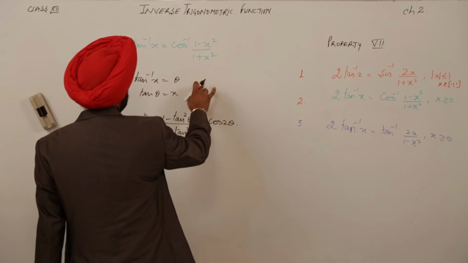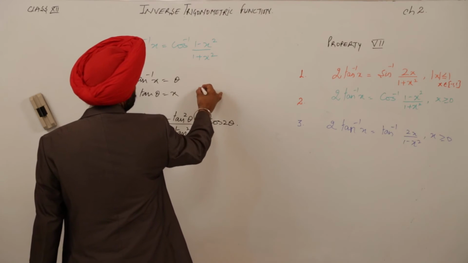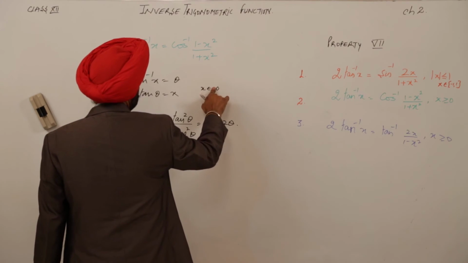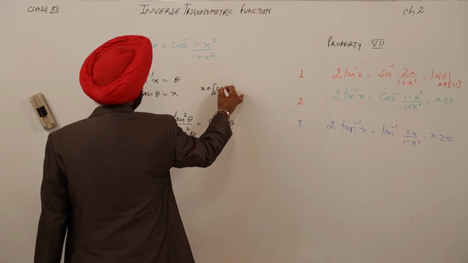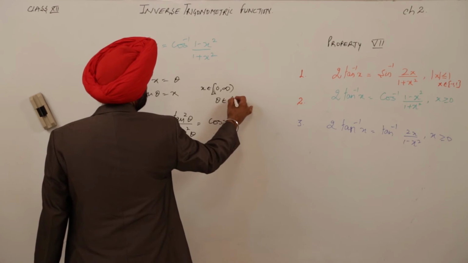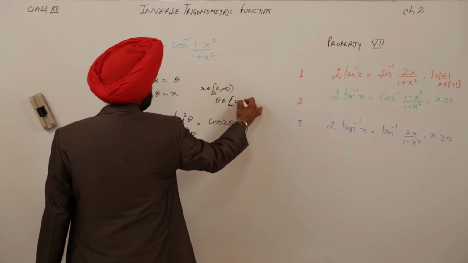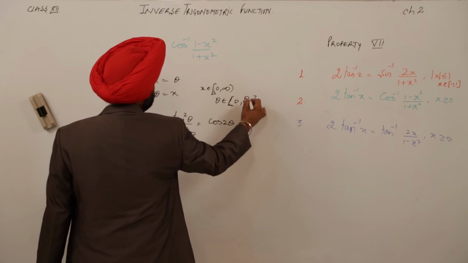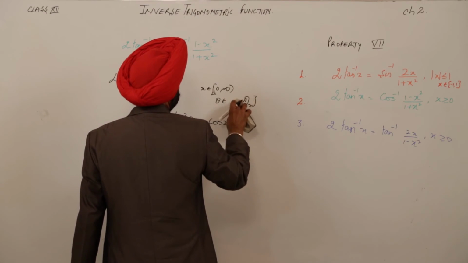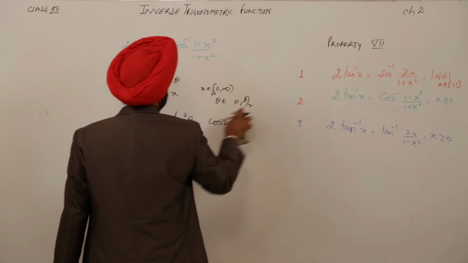Now here what are the values? Here x belongs to 0 comma infinity, and theta belongs to 0 comma pi by 2.